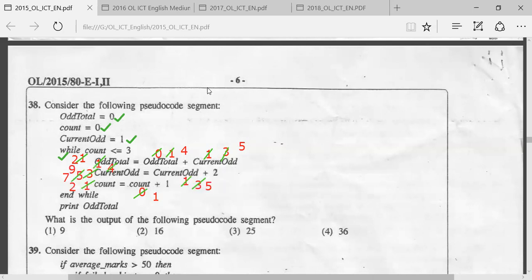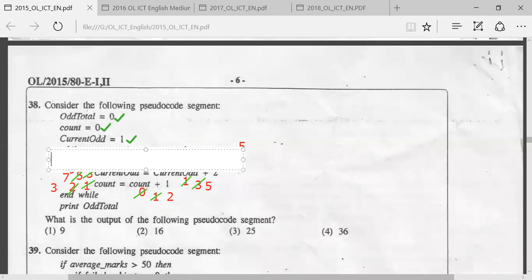Count equal count plus 1. Count is currently 2. 2 plus 1, it is 3. Right? It will go back here. 3 less than or equal 3. So 3 less than or equal 3, it is true.